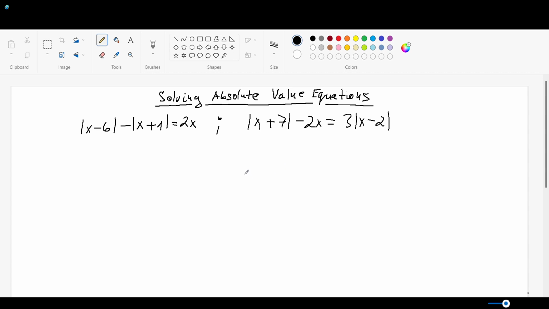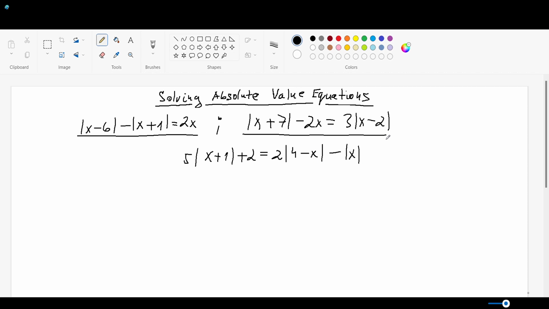And if you want to, this would be really something to try, with 3 absolute values: absolute value of x plus 1, plus absolute value of x plus 2, is equal to 2 times 4 take away x minus absolute value of x. So these are the 3 absolute value equations I want you to try.